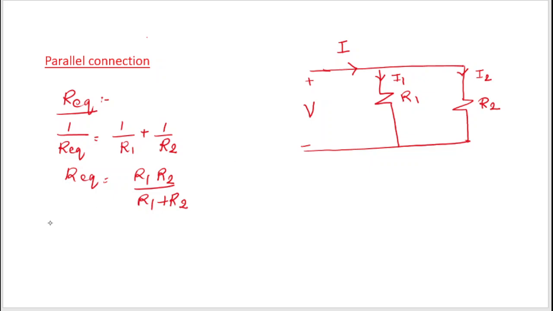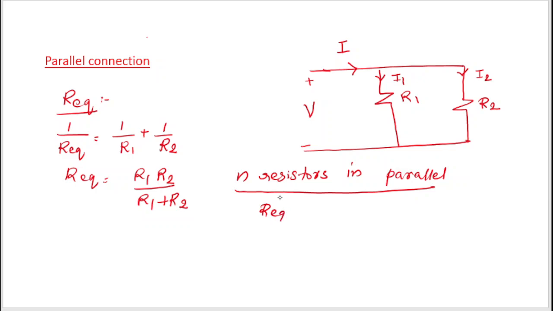What if there are n resistors in parallel? Now the equivalent resistance will be 1 by R equivalent is equal to 1 by R1 plus 1 by R2 plus etc. 1 by Rn.